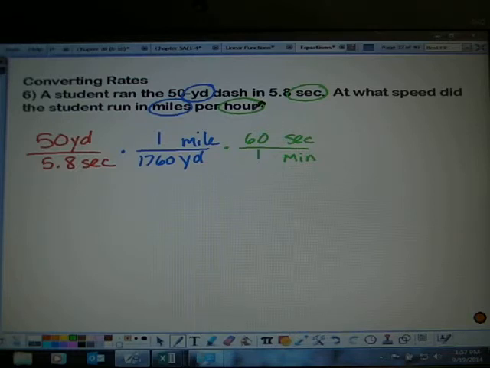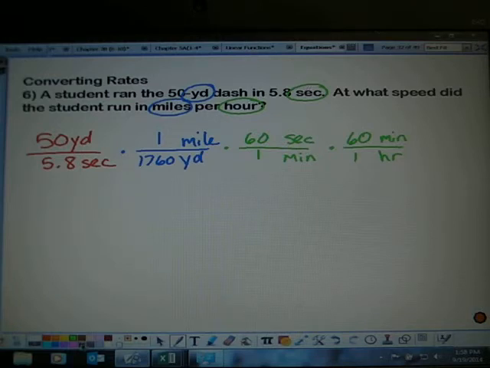Well, but we need it in hours, so we have to multiply it to another fraction. We changed it to minutes, so I'm going to change now from minutes, notice where I'm placing them, to hours. How many minutes equals how many hours? So 60 minutes is 1 hour. So we've changed it from yards to miles, and we've changed it from seconds to hours.